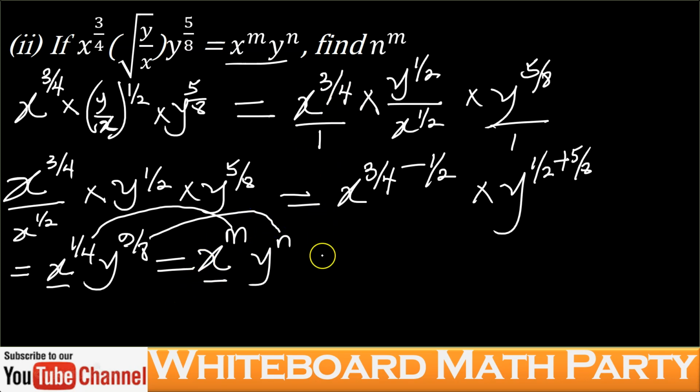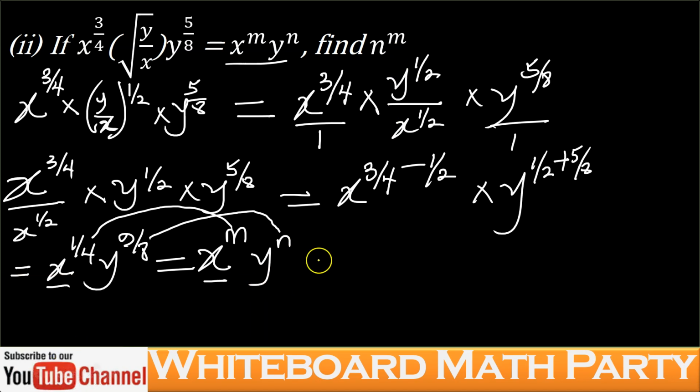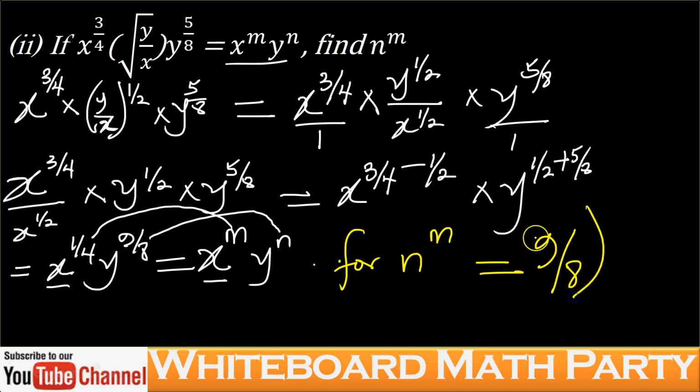So to find the value of n raised to power m, I'm going to use a different color so we don't get too confused. Since we already know what each value stands for, n is the same thing as 9 upon 8, close the bracket, to the power of m. What's m? m is 1 upon 4.